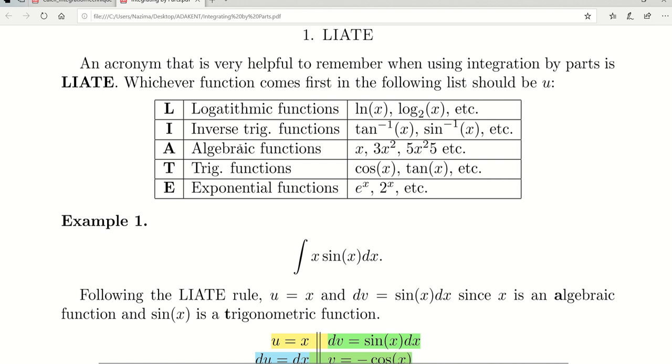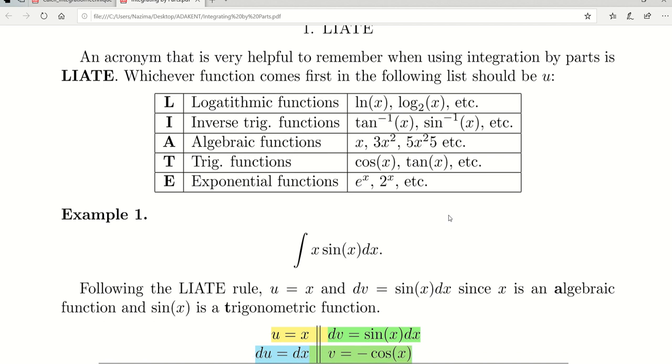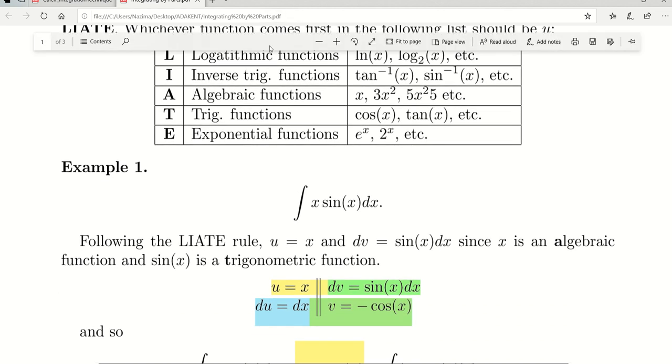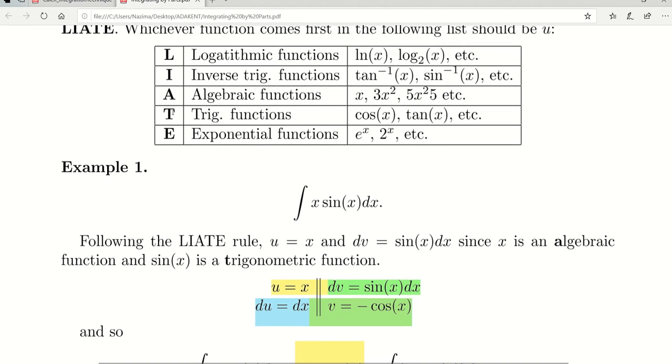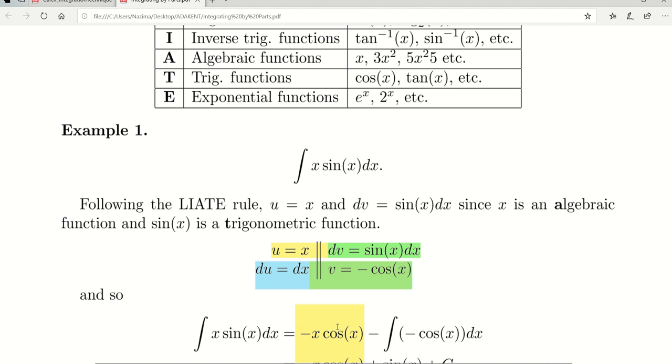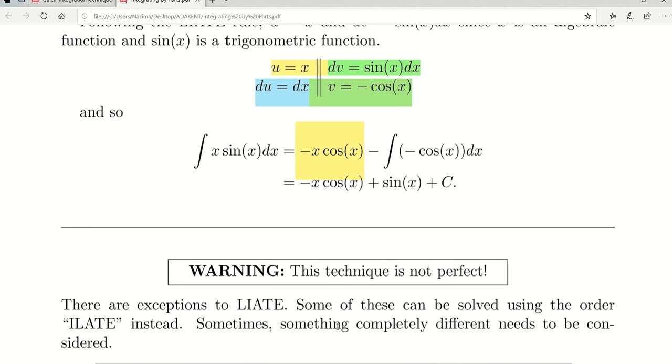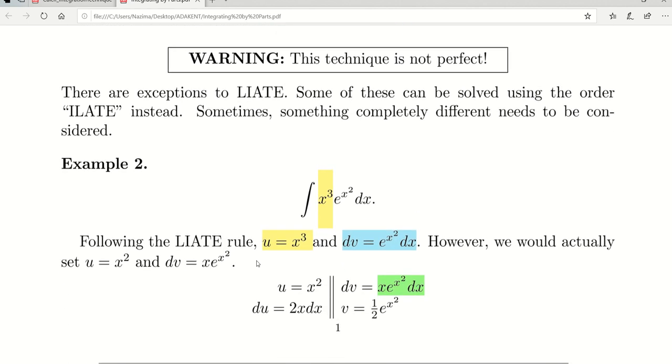We decide what is u and what is dv, and in this method, we take the derivative of this u and we take the integral of this dv. Okay, but sometimes we have to divide like this in order to find a proper solution.